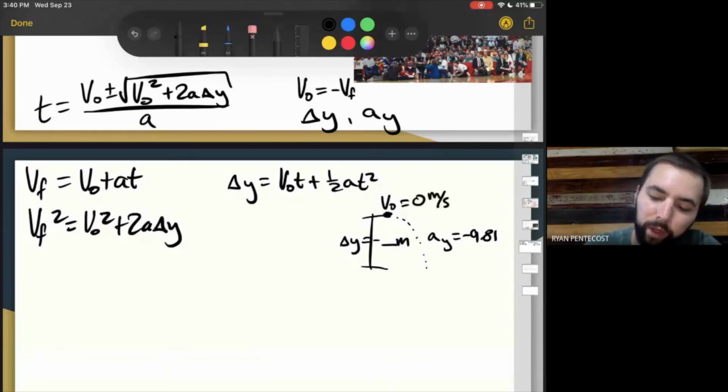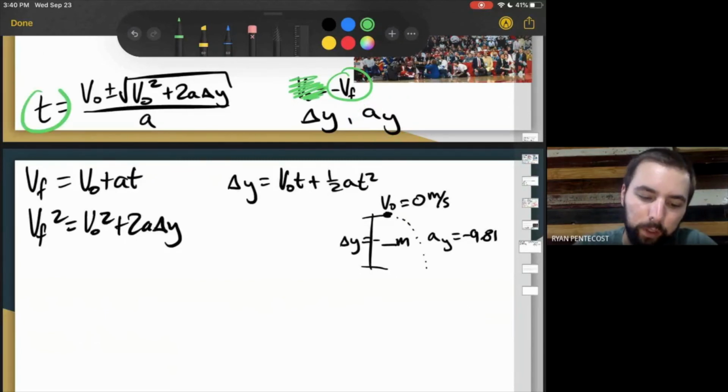So we have v naught, we have delta y, we have the acceleration in the y direction. All we don't have is v final and time, because this relationship is no longer valid. So if we look over here, v naught is 0, go away.